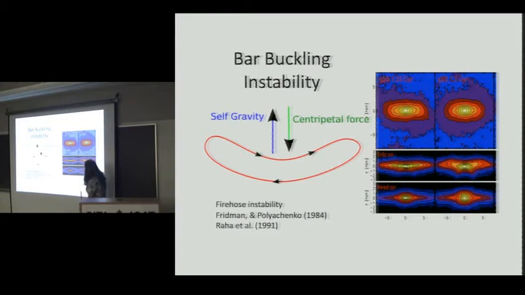And this shows you a simulation, one of the GalMer simulations, where you see the same buckling. The problem with the bar buckling instability is that it doesn't predict where you're going to get the peanut. It's an instability that's based on a dispersion relation, so it's not very predictive. That's the problem with it.